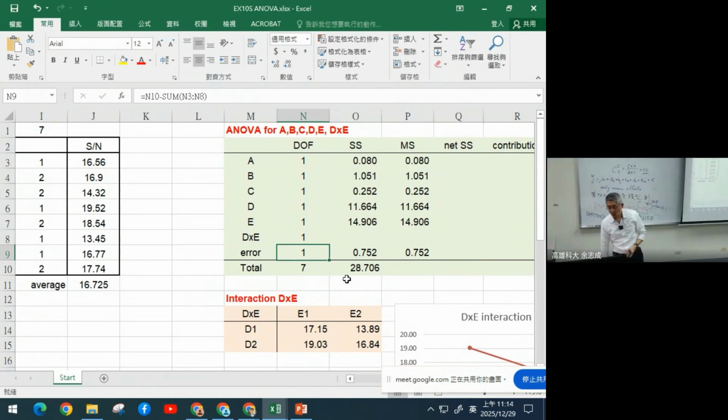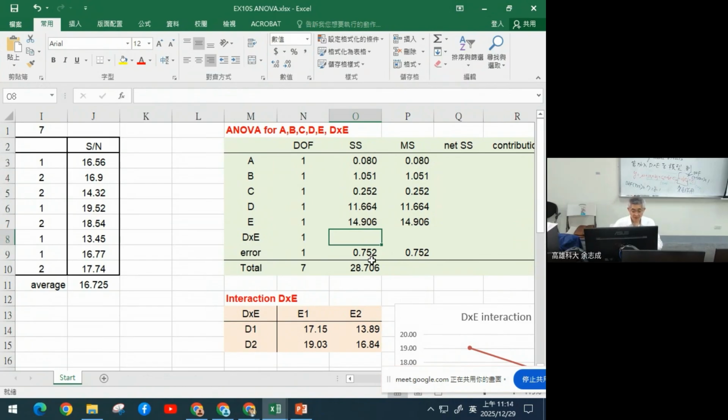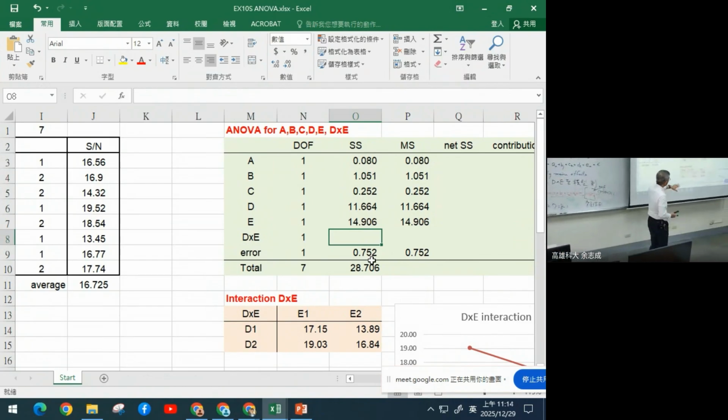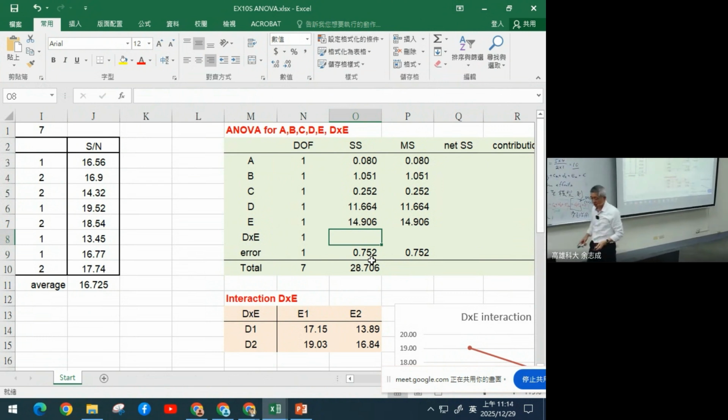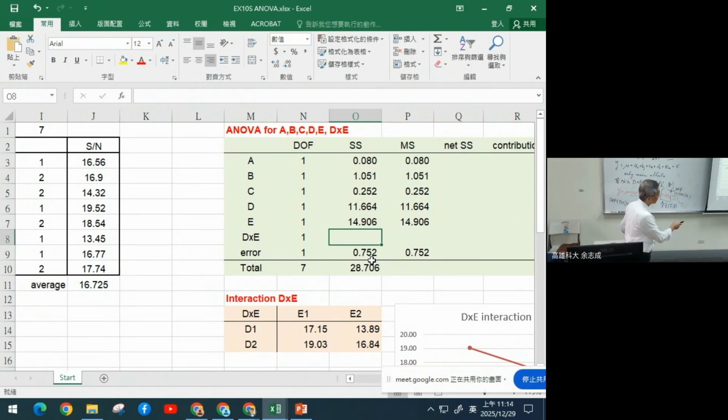All right, then how about sum of square due to the interaction? The sum of square due to the interaction now has to be calculated from here. The degree of freedom for error is changed from 2 to 1, so the sum of square due to error has to be changed too, because you need to calculate the sum of square for interaction first before you calculate the sum of square for error.